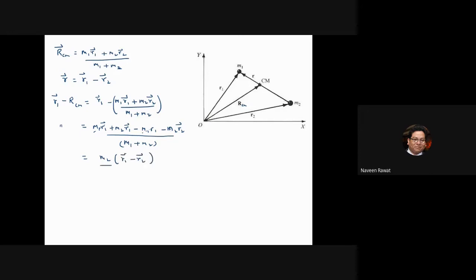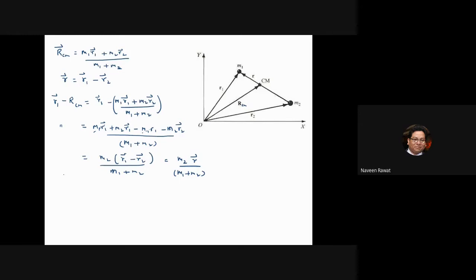Okay, and then I have a divide by m1 plus m2. Okay, and here basically that means I have a value of m2, and then I have r, divided by m1 plus m2. Okay, because r1 minus r2 is just r.